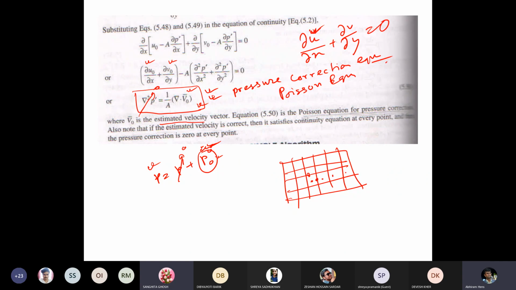After calculating u and v at the cell face, you bring them via interpolation to the cell center, and you see whether the pressure correction is satisfied or not. If it is satisfied, then it is acceptable. Otherwise, you change the value of pressure. That is how pressure and velocities are found. So this is the theory.